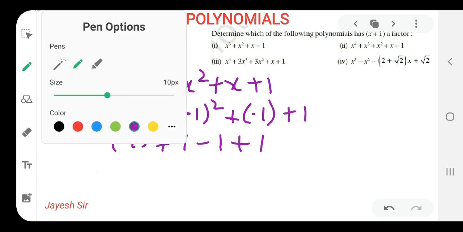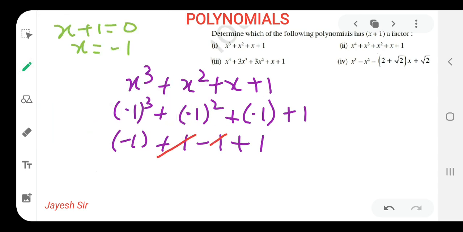Now what we can see over here is, friends, plus 1 and minus 1 gets cancelled. Here also minus 1 plus 1 gets cancelled. So we are getting our result as 0. That means from this, after getting our answer as 0, we can say that x plus 1 is the factor of the polynomials equation given in first sum.